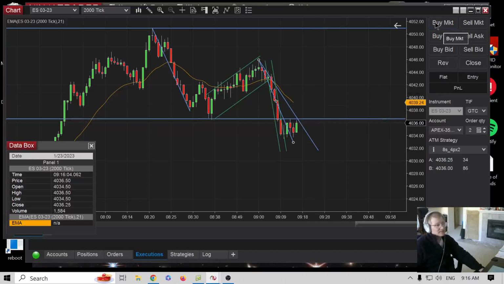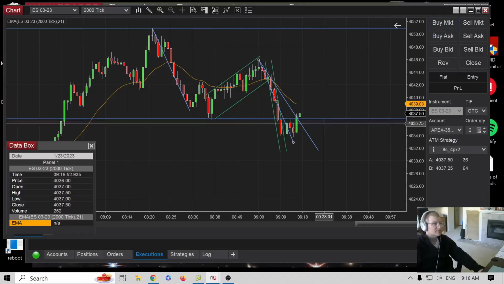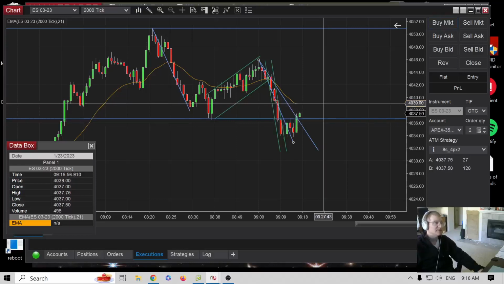I just don't think this is a good probability to get back up to the EMA right now. I don't know. First entry long, second entry long, looks like it might make it back to that EMA. Showing some strength there. Too late, missed the ride. Yeah, that's all right. That's how it goes.